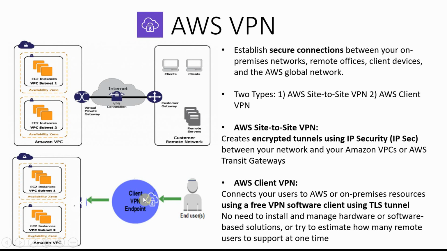The typical example, Sham, is once you go to the office and you are in the office LAN network, if you are trying to connect to the public subnet, there are ways to connect through the internet. But what if you want to connect to the private subnet from your office network directly? For example, your business users or database users, they are power users, right?